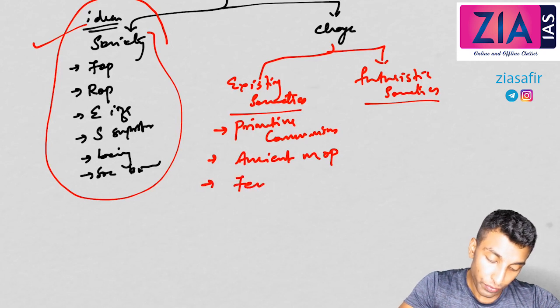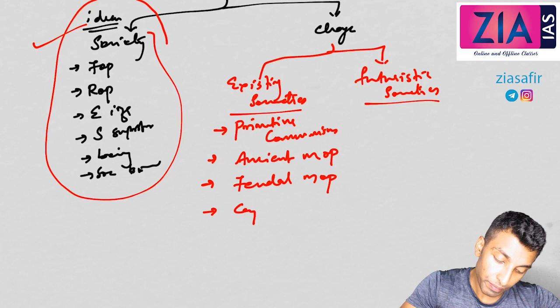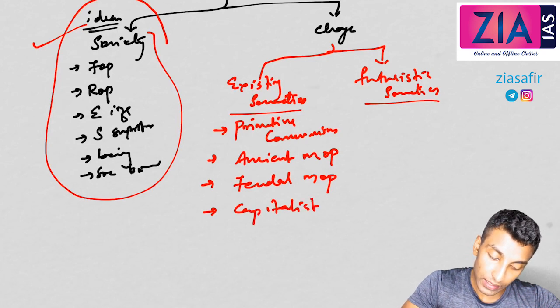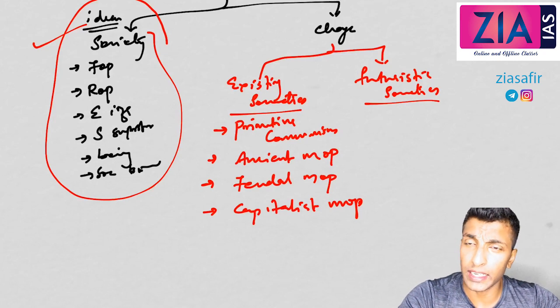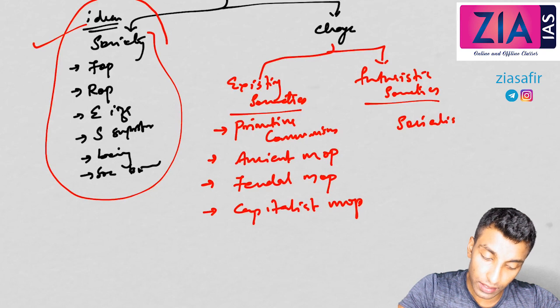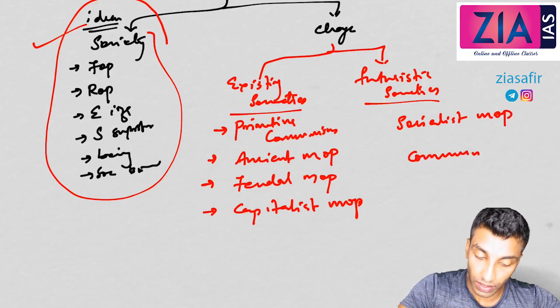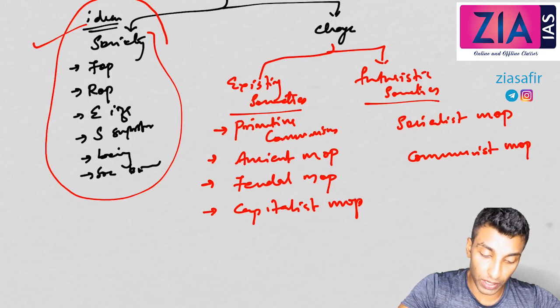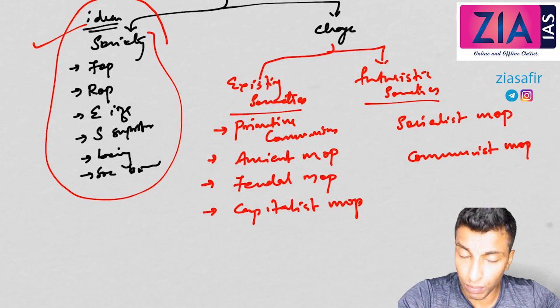Then feudal mode of production, okay, and then capitalist mode of production. Futuristic societies Marx understood in terms of socialist mode of production and communist mode of production. So these are the ideas about change according to Marx, okay?